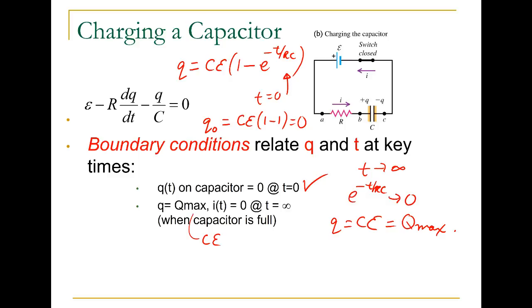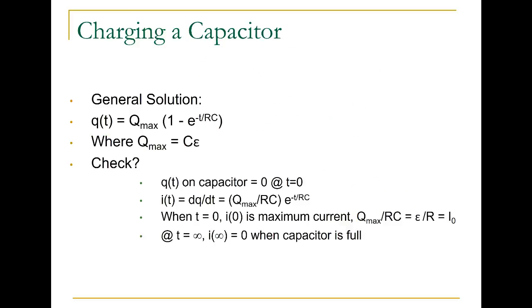Okay? Finally, let's go to the next slide, because that's got our general solution there. We already showed that Q as a function of time was equal to 0 when t is 0. We said that Q max is equal to CE, and this is as t goes to infinity. But then also we can calculate the current as a function of time, which is dQ/dt.